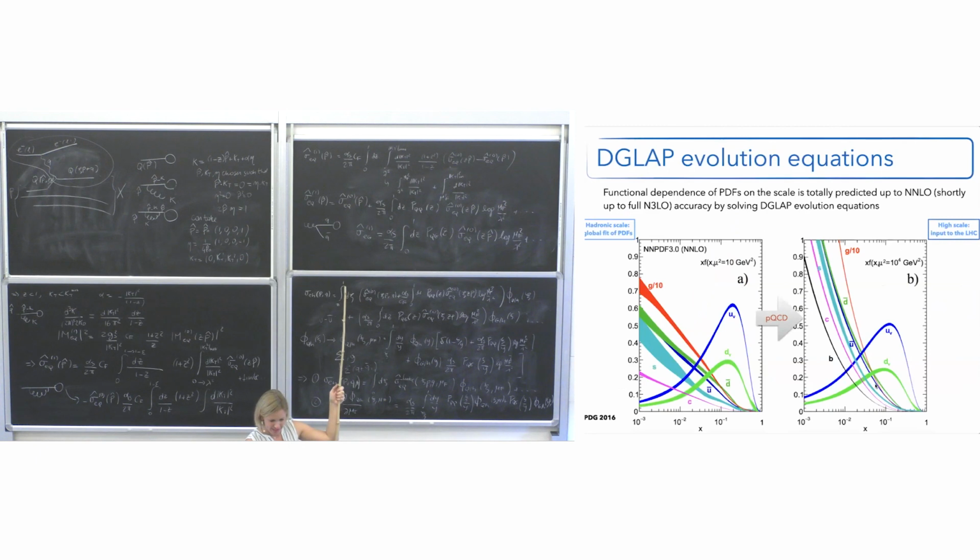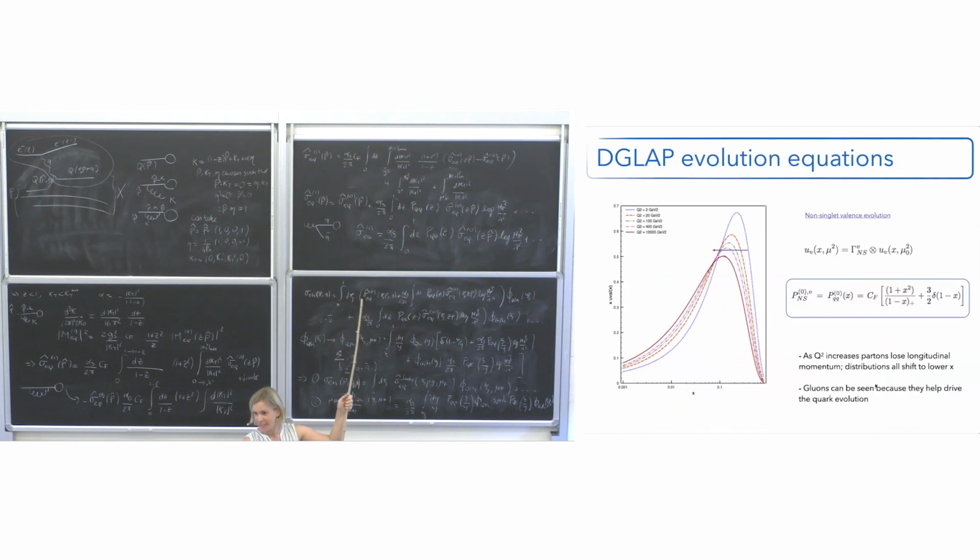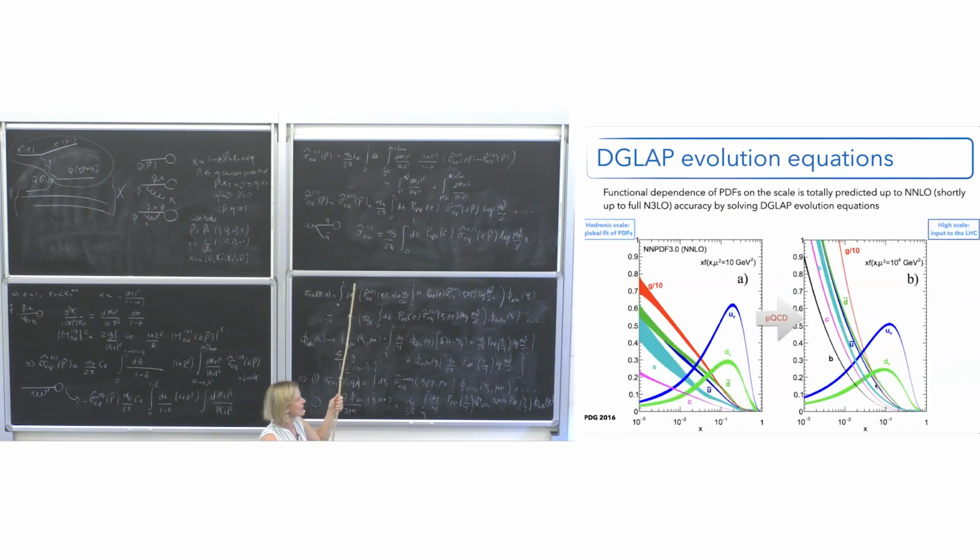Okay, so what we need now is the initial condition, okay? Because once we know what the PDF is at some initial scale, at which they are parameterized, then using perturbative QCD and solving the DGLAP evolution equation, we can evolve them to higher scales. So everything we need to give a prediction at the LHC is to find the PDFs at some scale.